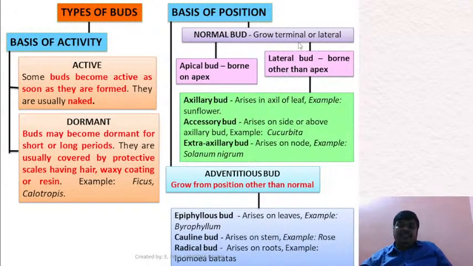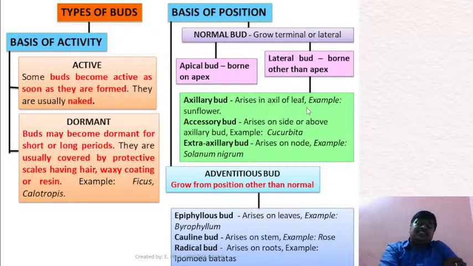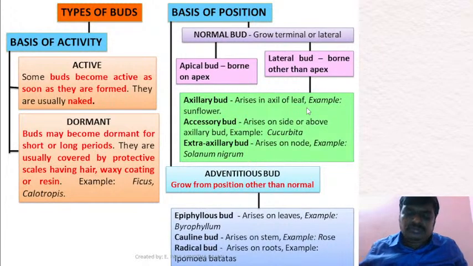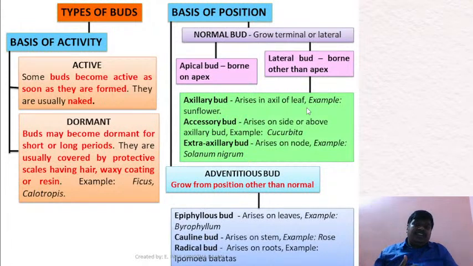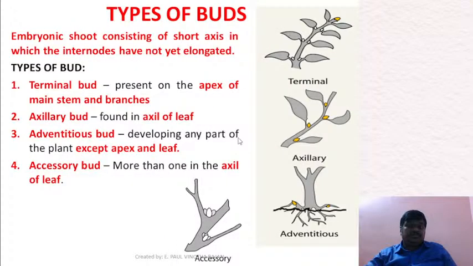And in the lateral buds, we have axillary bud. Axillary buds arise in the axil of the leaf, that is near the nodal region. That's called axillary bud. The bud that is growing near the nodal region, the region where the leaf arises, is called axillary bud. An accessory bud arises at the side of or above the axillary bud.